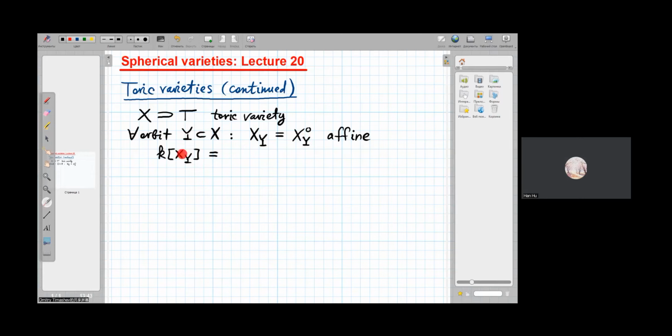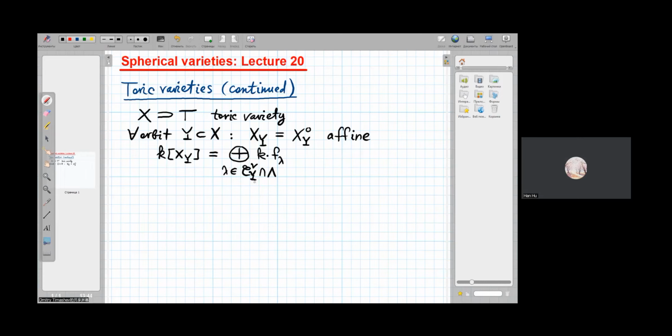And this algebra of regular functions is spanned by all Laurent monomials, which are the same as B semi-invariant functions on the open orbit, F sub lambda, which do not have poles along T-stable prime divisors contained in this X sub Y. We know that this means exactly that the eigenweight lambda belongs to the dual of the cone corresponding to this orbit Y. And of course, it is a lattice vector, so it belongs to this semigroup of lattice vectors in the dual cone.